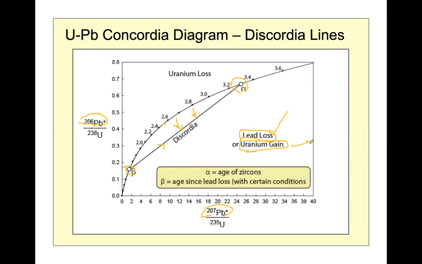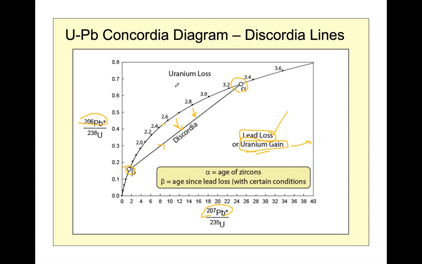Because uranium is incompatible, the only possibility to enrich uranium is to supply it from a fluid, right? So that means it's a metasomatism activity, right? But those are not common everywhere. Only for some limited localities you might have uranium gain.